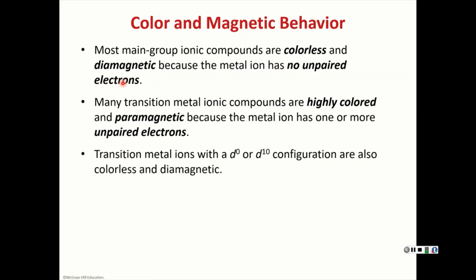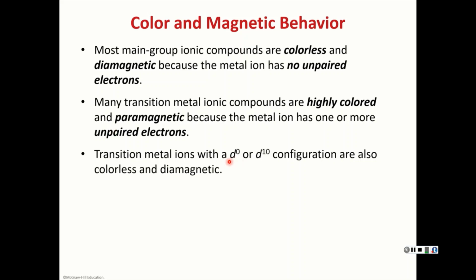It's given up those electrons fully to the nonmetal in that ionic compound. But transition metal ionic compounds are highly colored and usually paramagnetic, and that's because the metal still has unpaired electrons. Okay, so color and magnetic behavior depend on unpaired electrons.